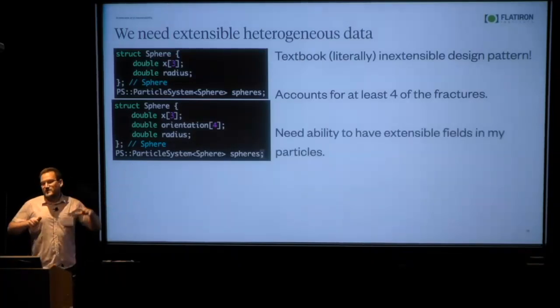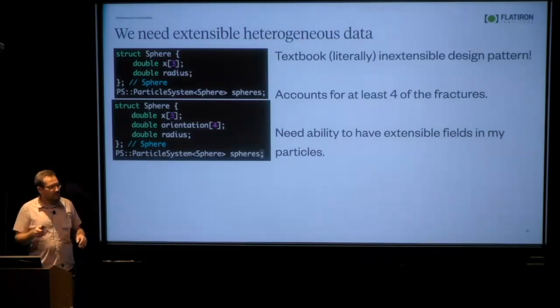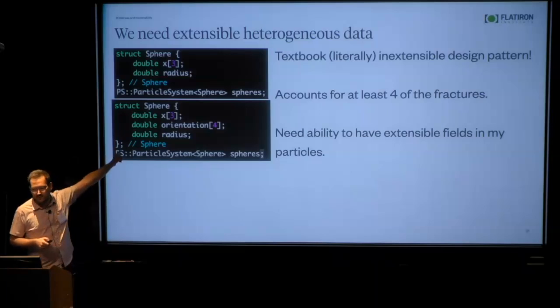Okay, so if we were going to redo this, we know that we need the ability to have extensible fields in the particles. We want the ability to say, I have a sphere of some type, and then maybe I have a rod that's just a completely different type. Maybe they share data, maybe they don't. That leads to another problem: the way FDPS is set up, it wants homogeneous particle types. So if you hand it something, it's expecting everything to be a sphere or an object.